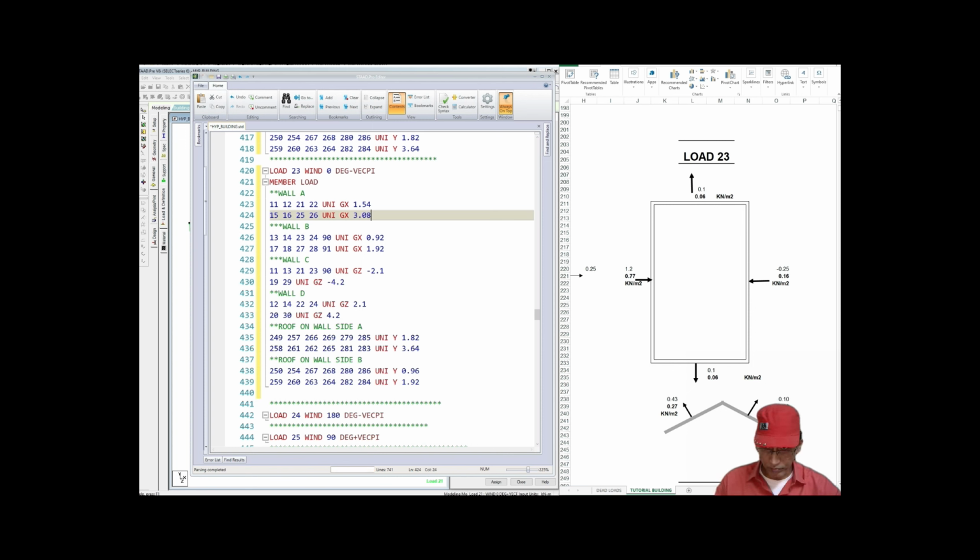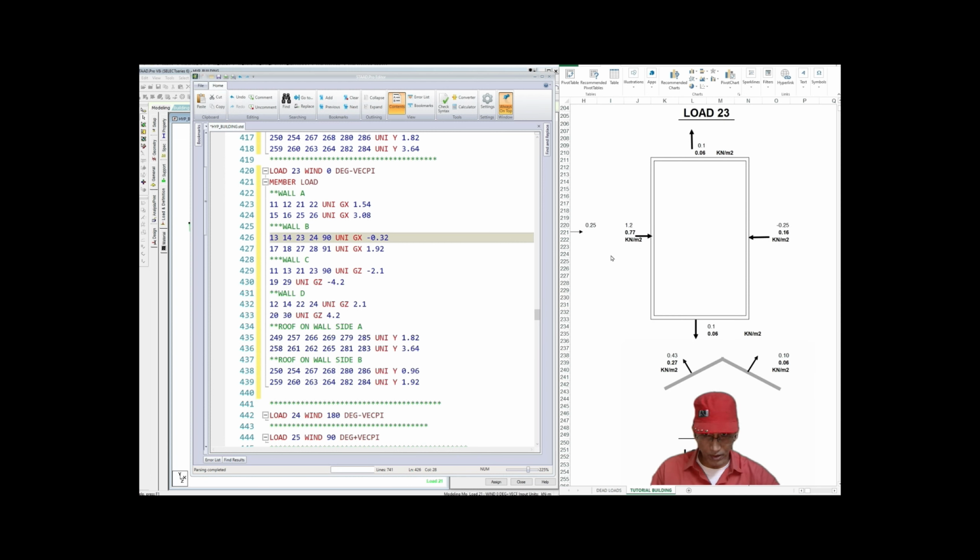Now in wall B the loads are in negative x direction. 0.16 into 2 is equal to 0.32, so minus 0.32. Then for intermediate columns, 0.16 into 4 meter tributary width works out to be 0.64 in negative x direction.